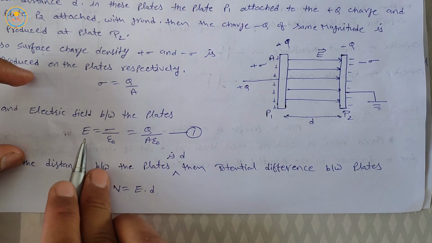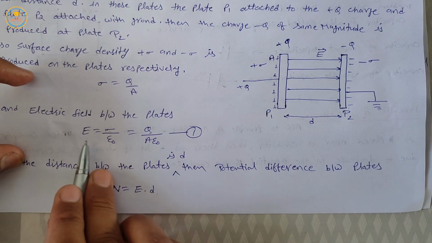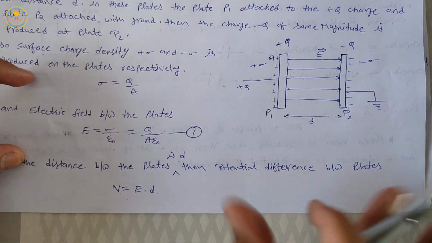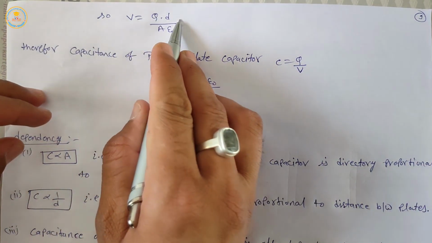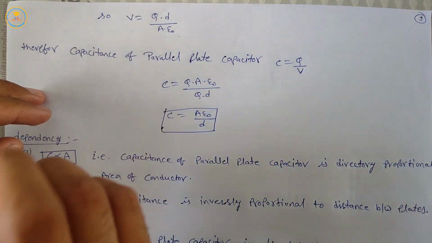We know the value of E, so putting this value in this equation, we get V equal to Q into d upon A epsilon naught.